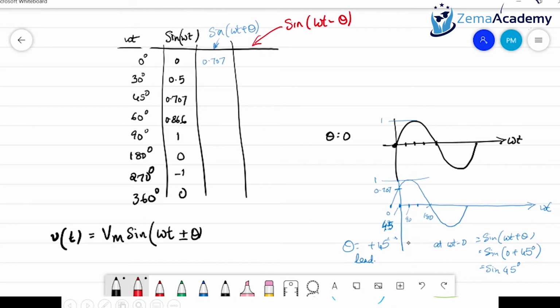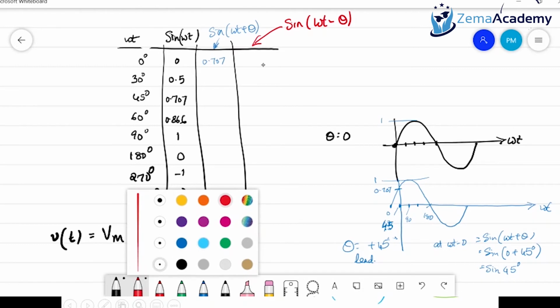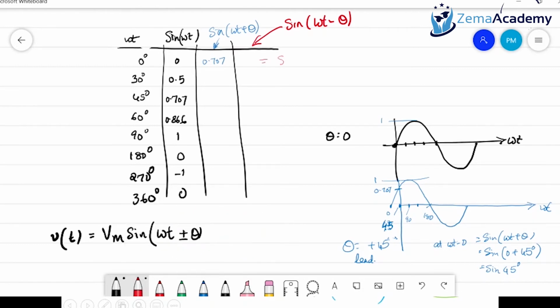So if omega t is 0, then omega t minus theta should give me sine 0 minus 45 degrees.